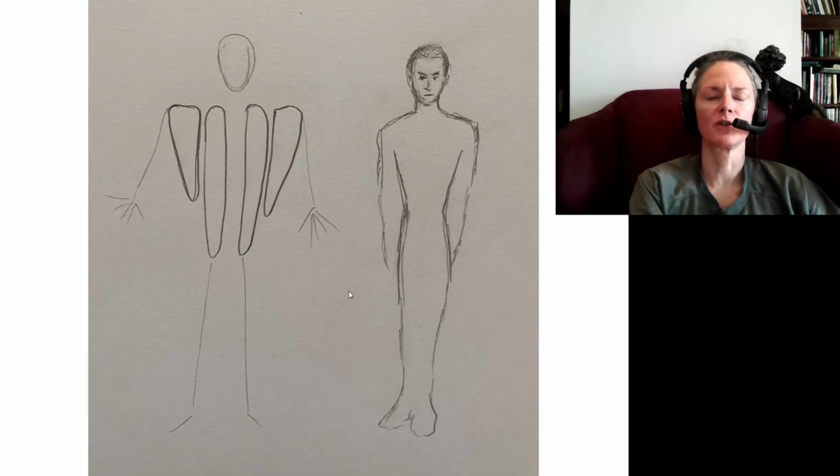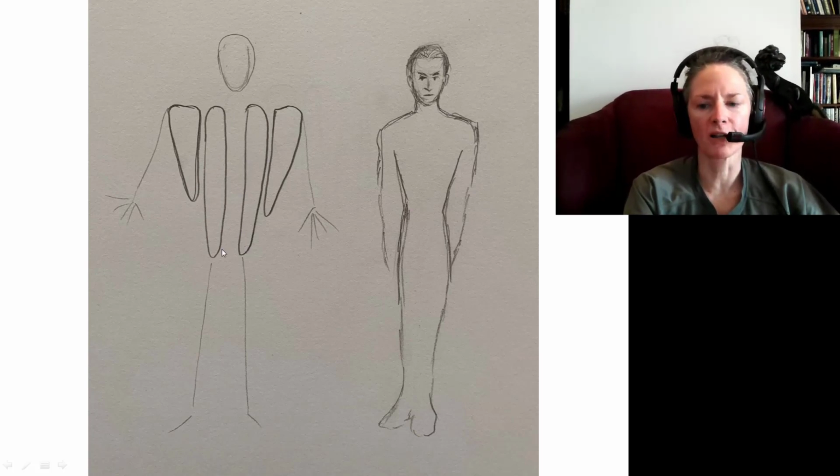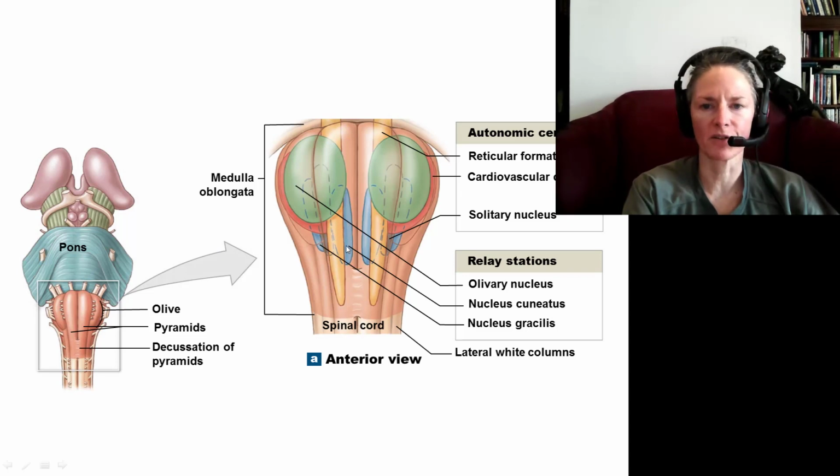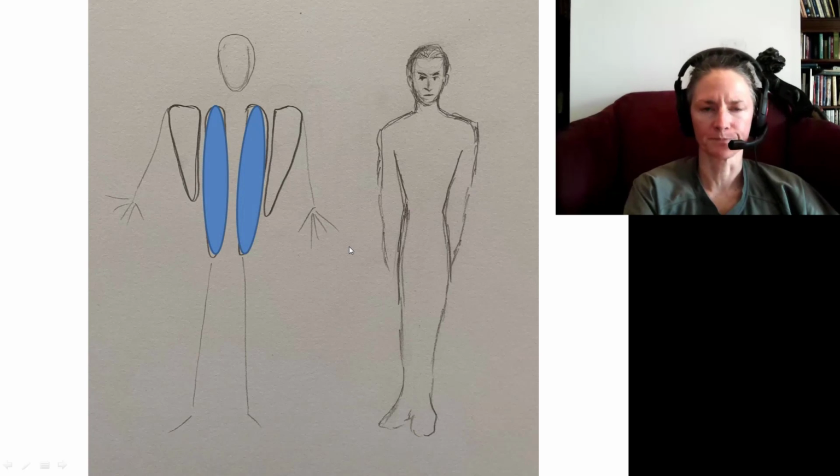So the way I like to think of the nucleus gracilis and the nucleus cuneatus is they kind of make the shape of a person. So this was my meme to help me remember what's what. So here I've drawn the gracile nuclei, long and thin, and that corresponds to these ones right here. And that would be those.